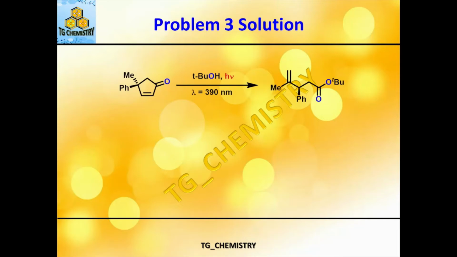So first, the phenyl and methyl substituted cyclopentanone compound in presence of tertiary butanol will eventually produce the tertiary butyl substituted phenyl pentanoate derivative.